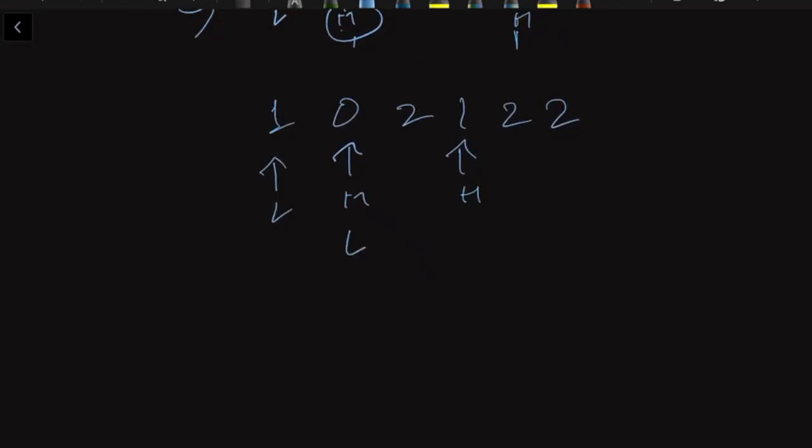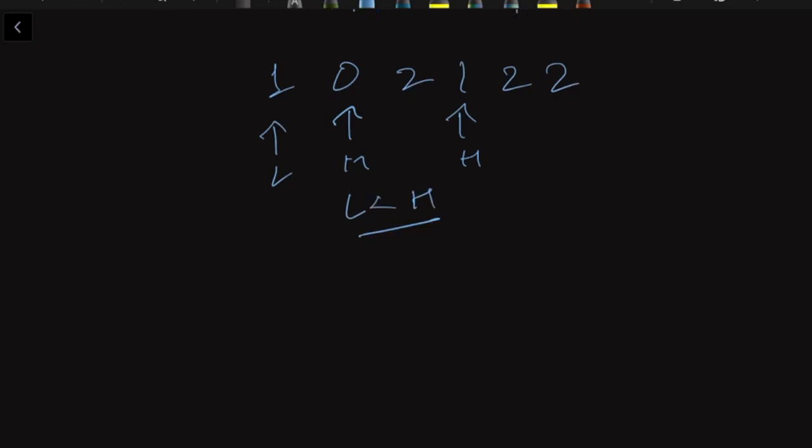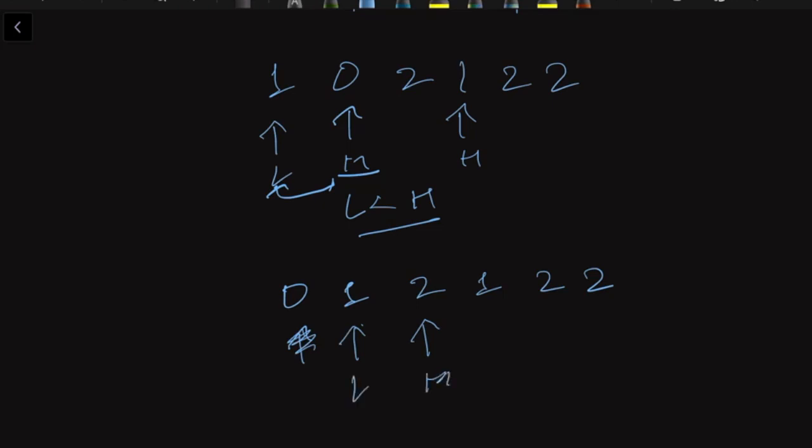Still low is smaller than high. We'll be inside the loop and we'll compare medium again. Medium is 0, so we'll just swap these two values. So it will become 0, 1, 2, 1, 2, 2. The low will be incremented, medium will also be incremented, and low, medium, high.